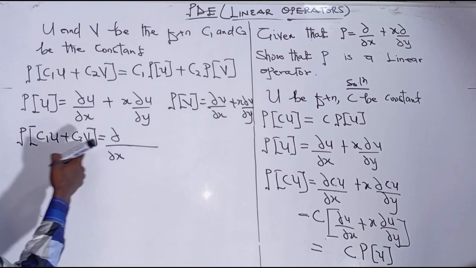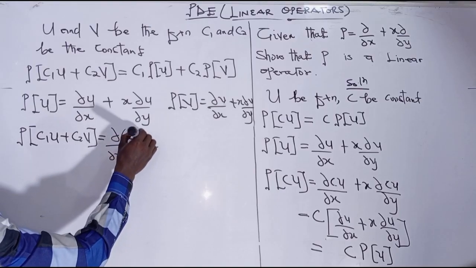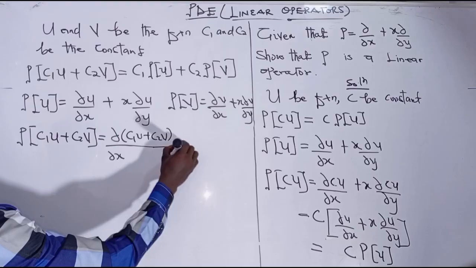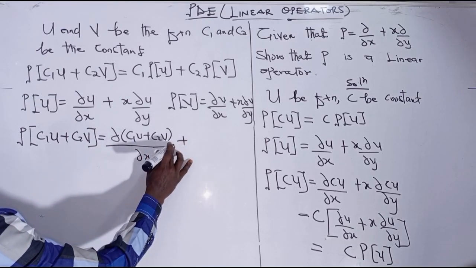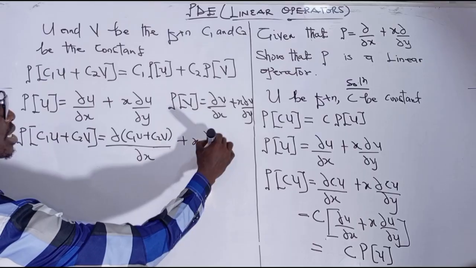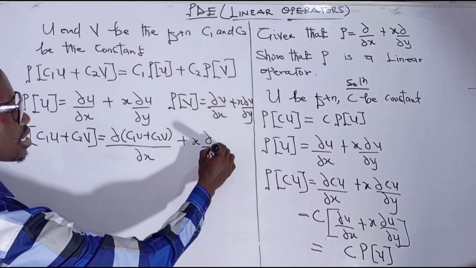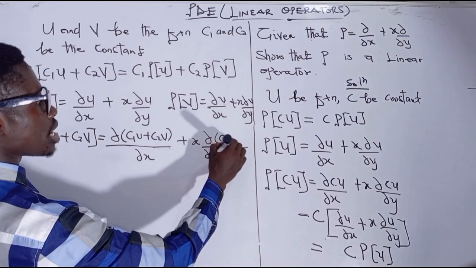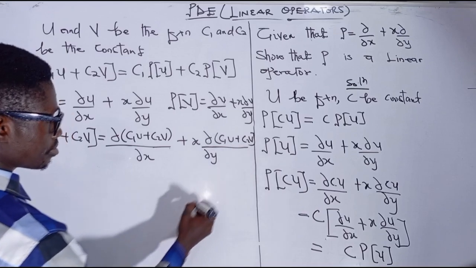We are just going to attach the whole of this to the operator. Then we have plus x, the operator is del y. Then we attach C1U plus C2V.